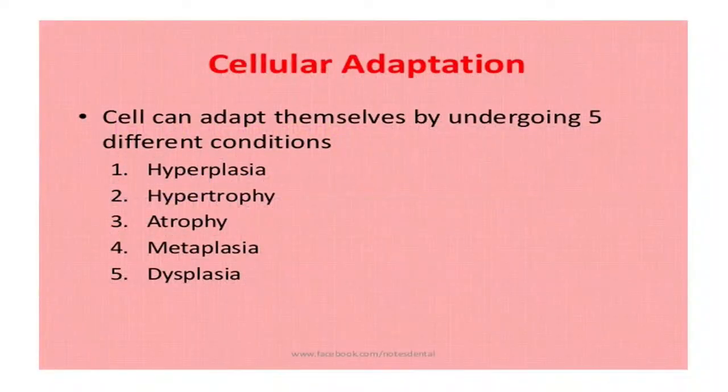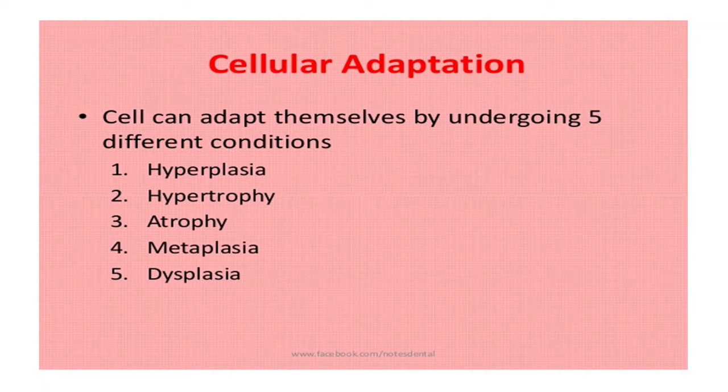So we have 5 main cellular adaptation processes. That is what I told you. So cells can adapt themselves under 5 different conditions. If a cell is injured, they may become hyperplasic, or decide to become hypertrophic, or decide to atrophy, or become metaplasic, or become dysplasic.